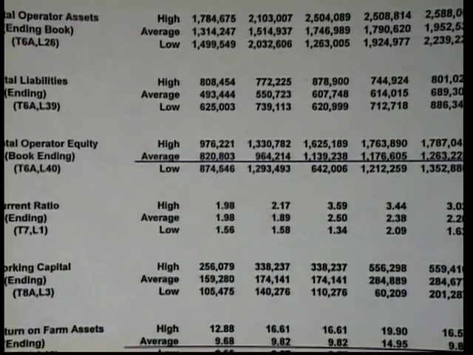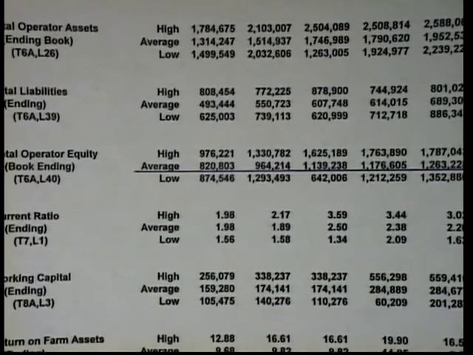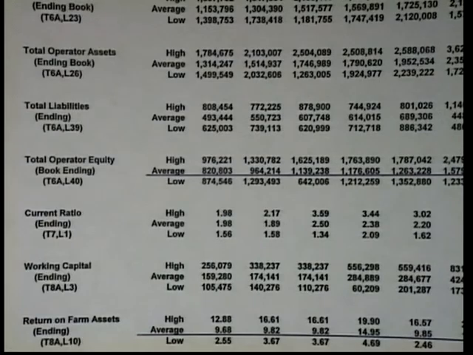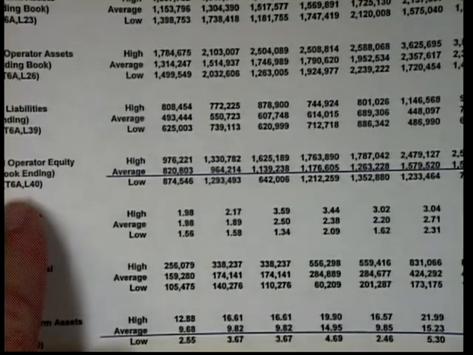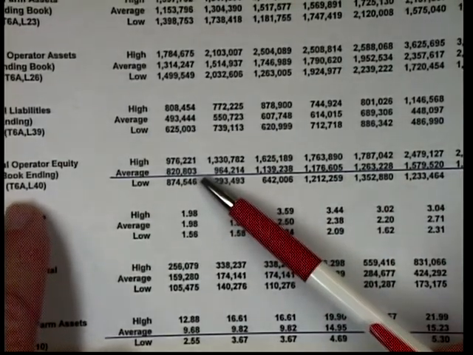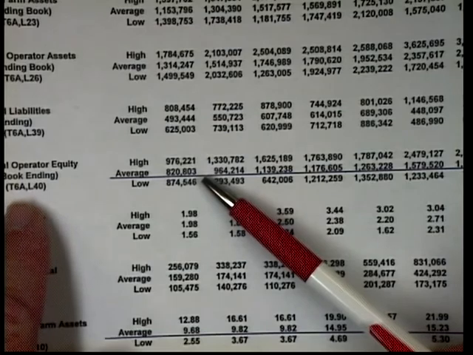If we go to page 53, I want to look at some trended numbers. These are from the year 2005 to the year 2011. Let me widen this just a smidgen. Okay. We're going to go to total operator equity. And you can see we're going to work with the average now, and you can look at the high and low, but we're going to work with the average.